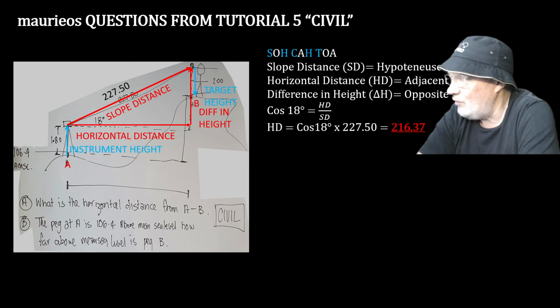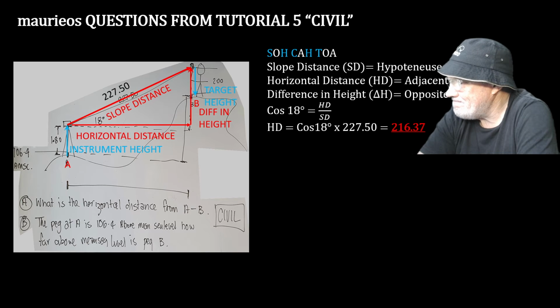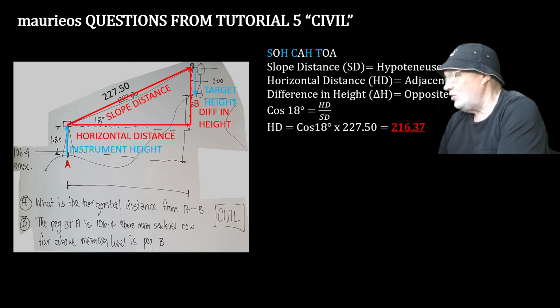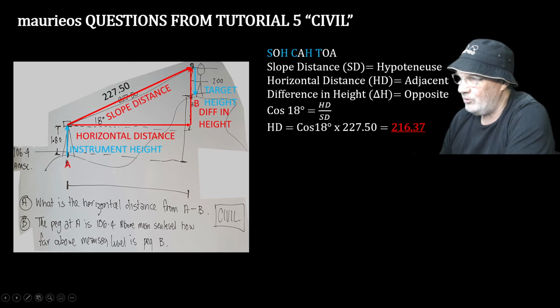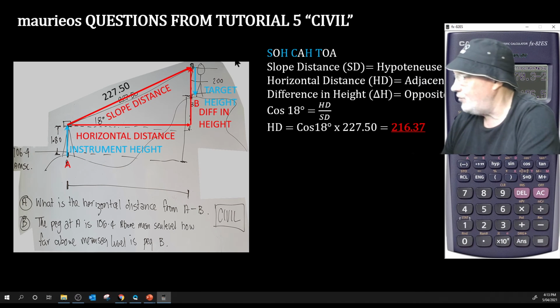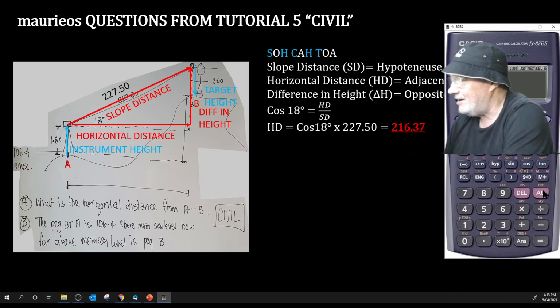Imagine cos 18 is over 1. So horizontal distance is equal to cosine 18 times 227.50, which is our slope distance. And that equals 216.37. We'll just confirm that with the calculator.